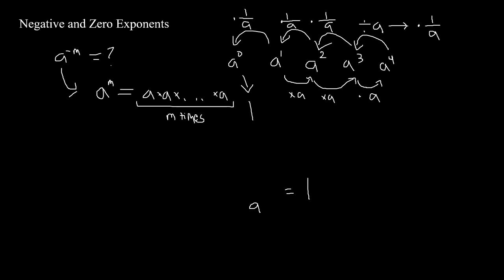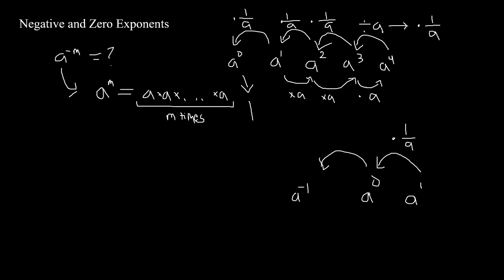And the same thing with the negative exponents as well. Let's say we have a to the 0, a to the 1. To go from a to the 1 to a to the 0, we're multiplying by 1 over a. So what happens if you wanted to find a to the negative 1?